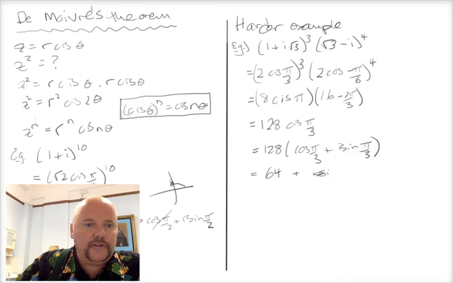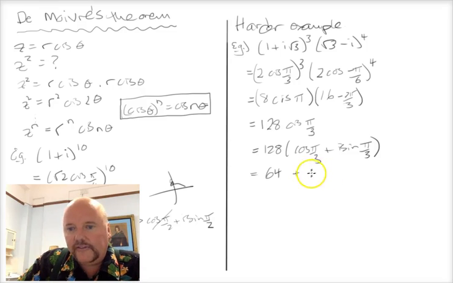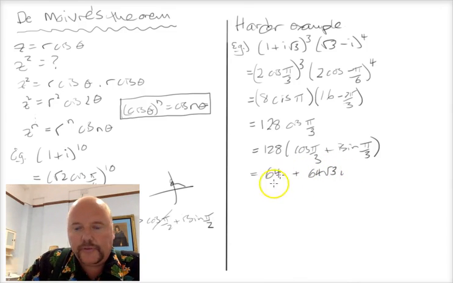So sine of pi on 3 is root 3 on 2, so root 3 on 2 times 128 is 64 root 3, and we've got an i. A lot of people write that i at the front so the i doesn't get sucked under the square root sign. It's probably not a bad habit. I'll make sure I do that next time. I'll take out a factor of 64 and you get 1 plus i root 3.